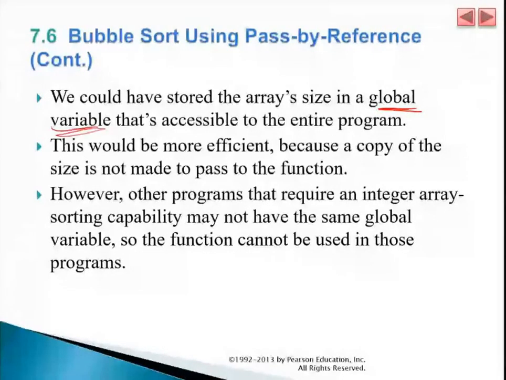It might be possible that whenever this bubble sort is called from some other file, the access to this global variable should not be there. So therefore, whenever you are making a program, please make sure that the function that you are making should be complete in itself. And therefore, we are passing the size argument also along with the array name.